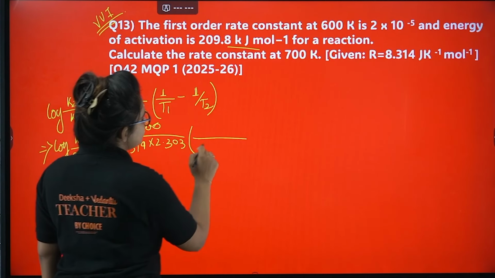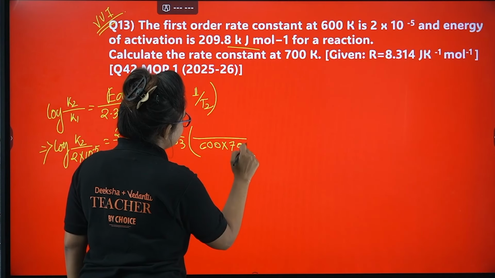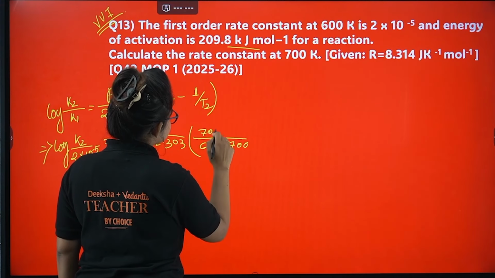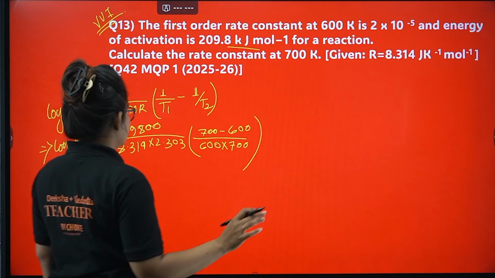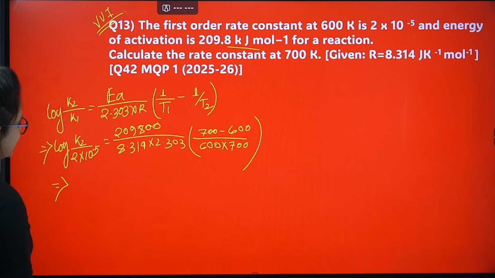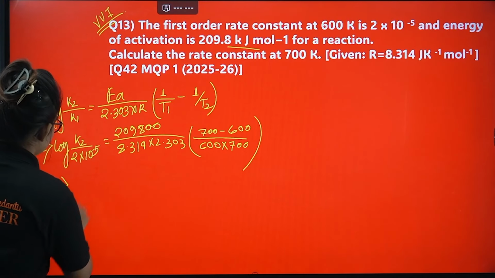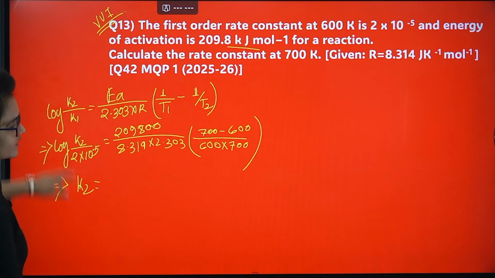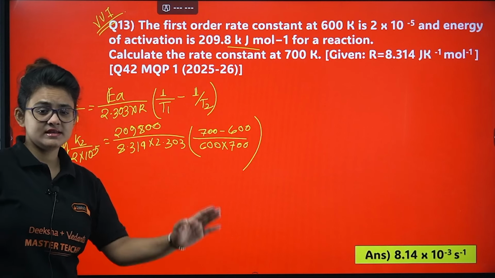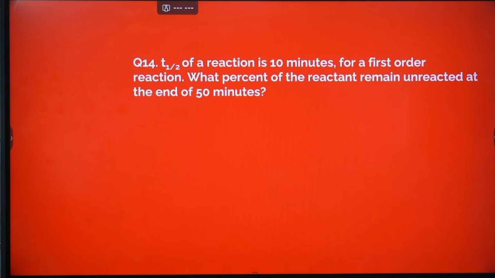Here T1 into T2 is 600 into 700, and here 700 minus 600. That's it. So now K2 you have to calculate. Once you calculate this side, you have to take the anti-log, means 10 power something, and then multiply this thing with 2 into 10 power minus 5. So K2 you can calculate out of here. You can get 8.14 into 10 power minus 3 second inverse. I guess it's clear. Let's go ahead.